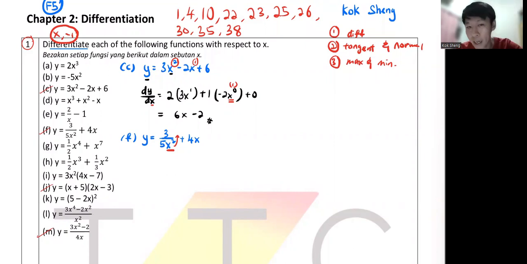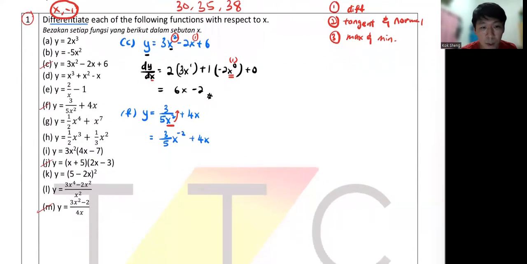The 5, you can just leave it at the bottom. So therefore, after you bring up the x squared, you will get x negative 2. Okay, x negative 2. So then we can start the same thing again. The symbol dy over dx. The power of x as usual.